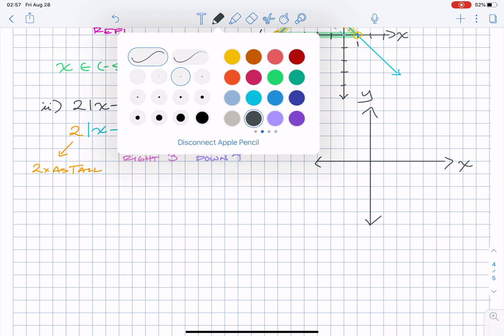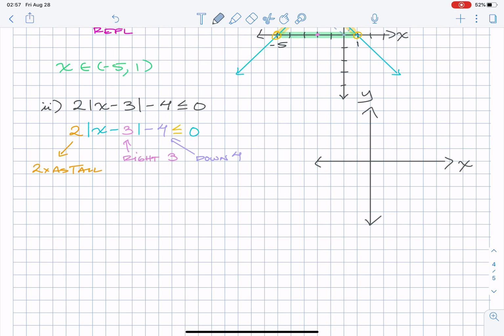Okay. So normally my absolute value would look something like so. But I'm shifting this graph where I'm making it twice as tall. Then I'm going to shift it to the right 3 and down 4. So twice as tall, to the right 3.